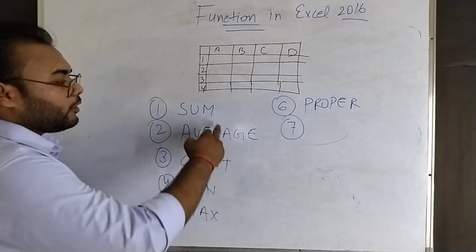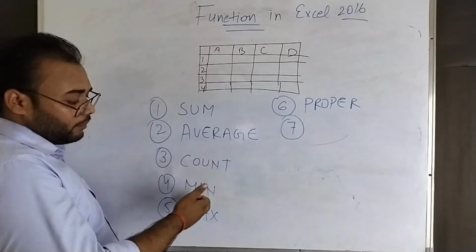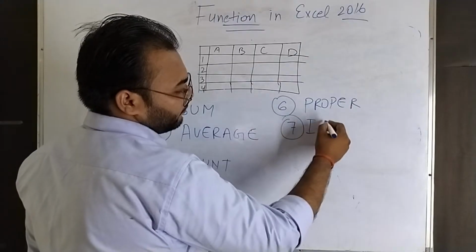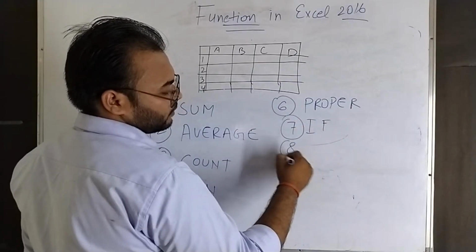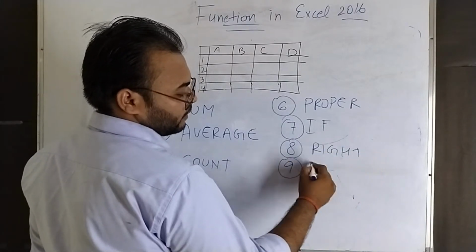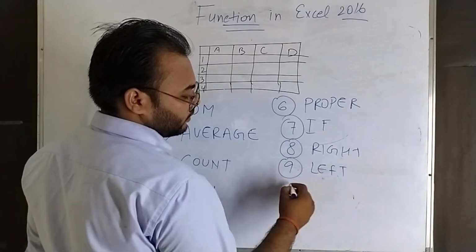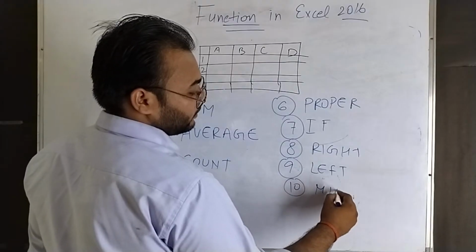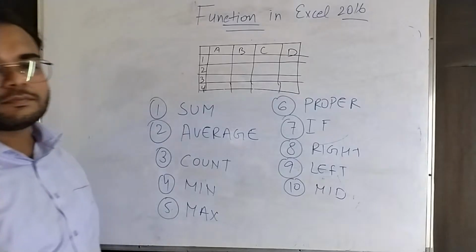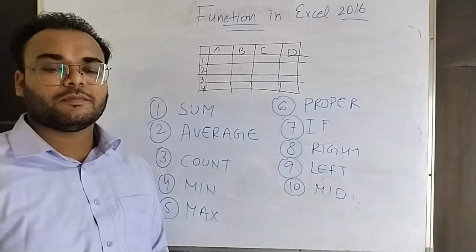Clear? We are going with the sum, average, count, min, max, proper, if, right, left, mid. और कौन सा छूट रहा है बताओ? और कौन सा छूट रहा है बताओ?